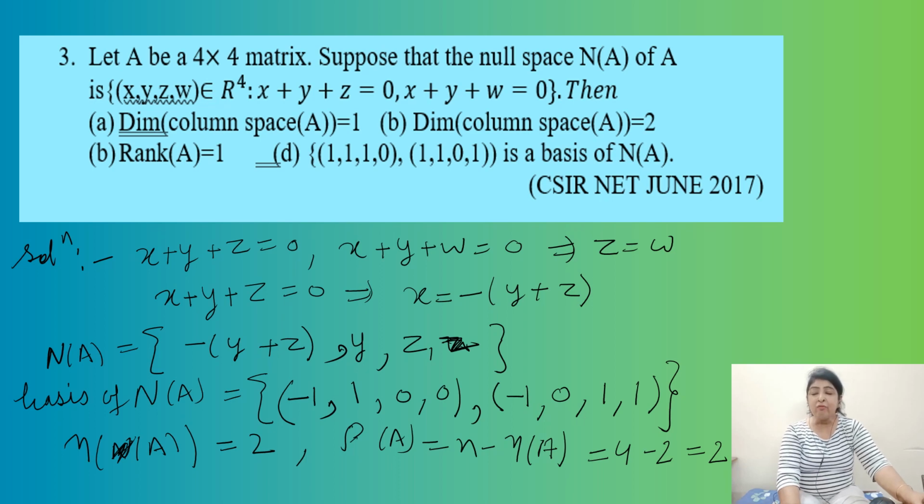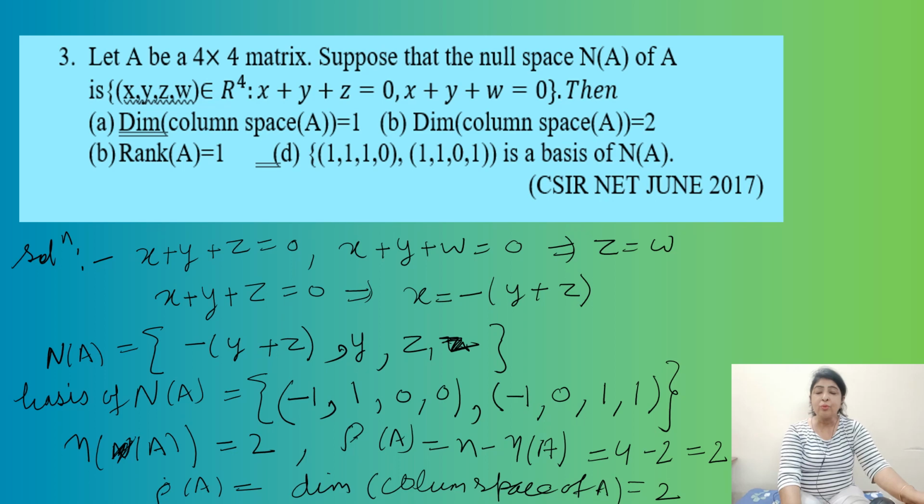Then again we know the result that rank of A is equal to the dimension of the column space of A, which is equal to 2. So B and only B is the correct option. So B is correct. Is that clear to everyone?